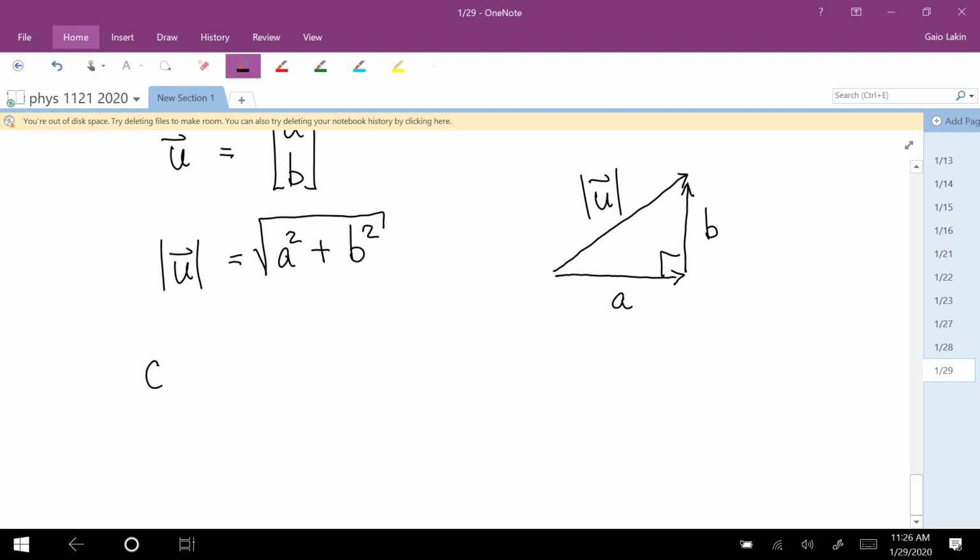And next, calculus operations. This is something that you don't have to worry about in this class, but it is something that sometimes you have to worry about. So I'm going to, in parentheses, say in non-rotating coordinate systems.